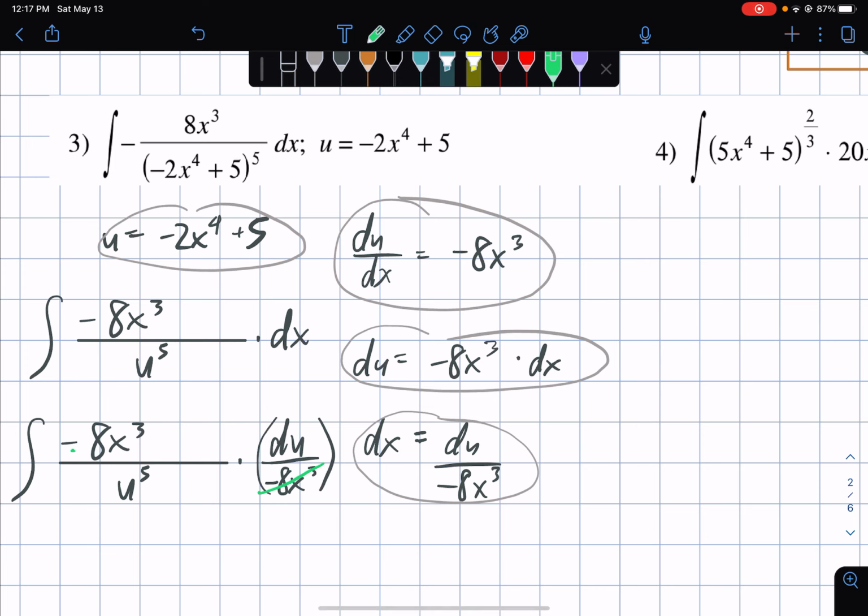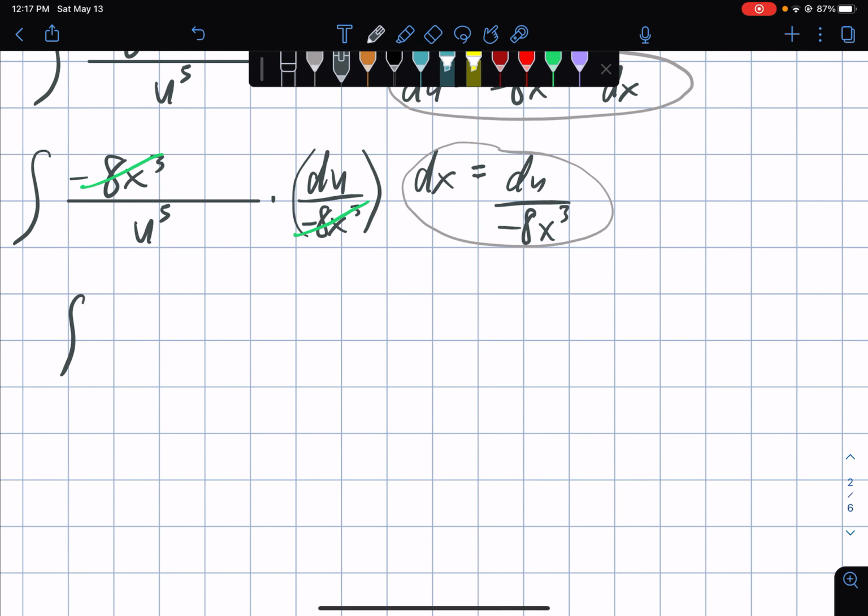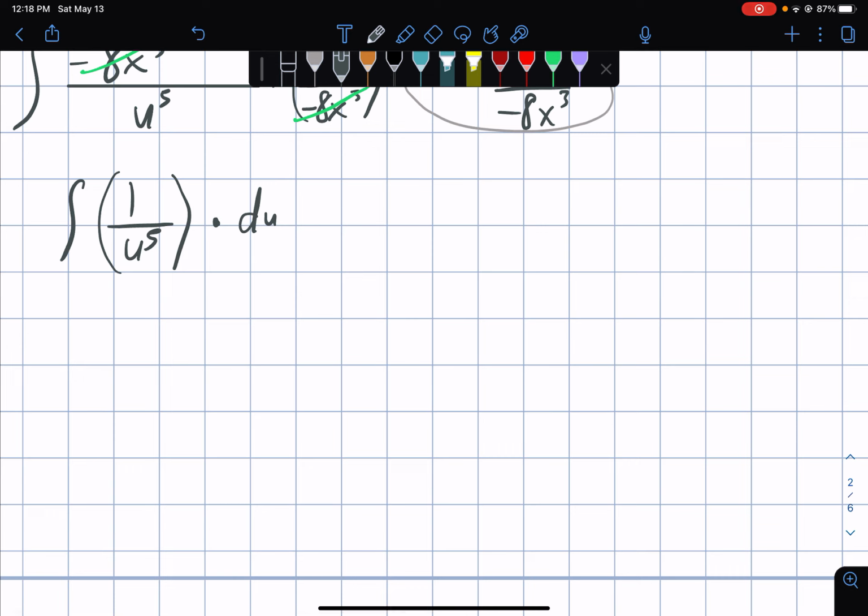And then cancel any like terms, and we end up with 1 over u raised to 5 times du. I don't recommend you put du here to merge them together, because we still have to apply power rule in whatever u is as a term.